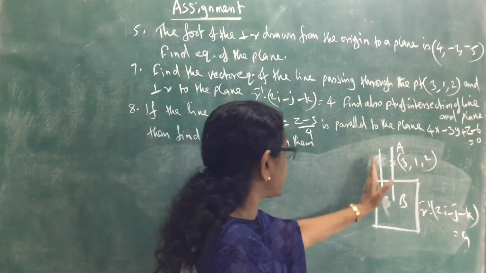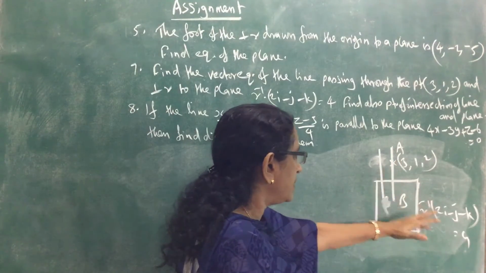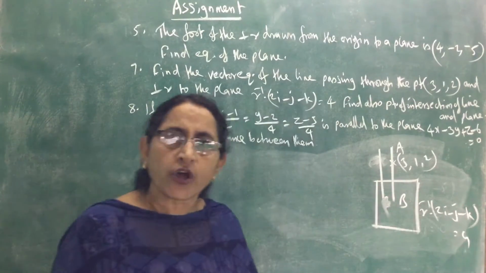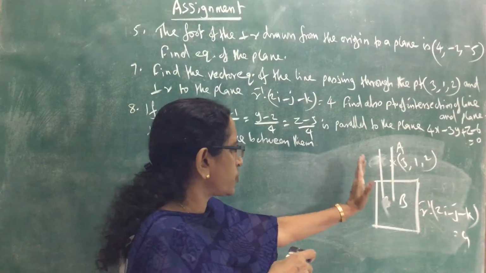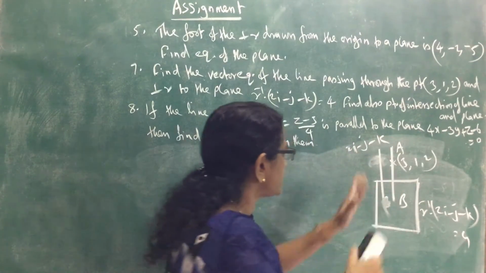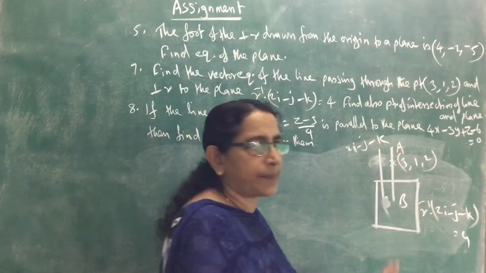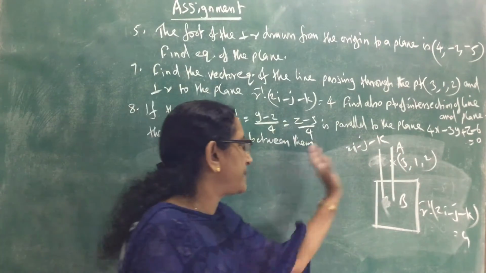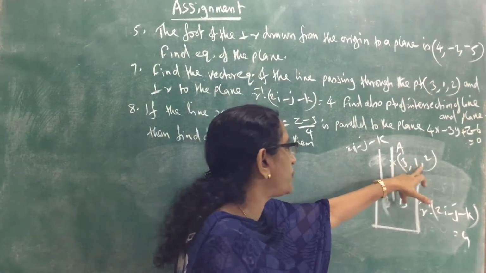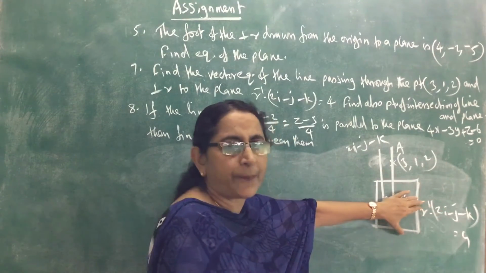So this vector 2i minus j minus k, the normal vector to the plane, is parallel to AB. We want to find the equation of a line passing through (3, 1, 2) and perpendicular to the plane.